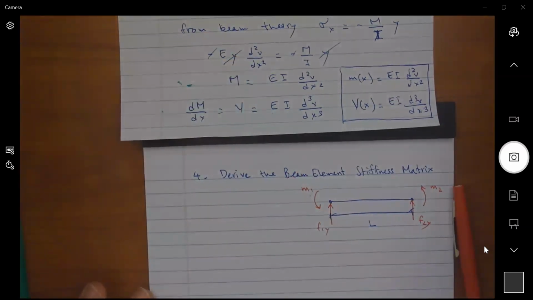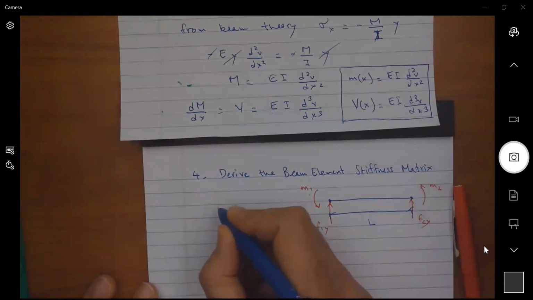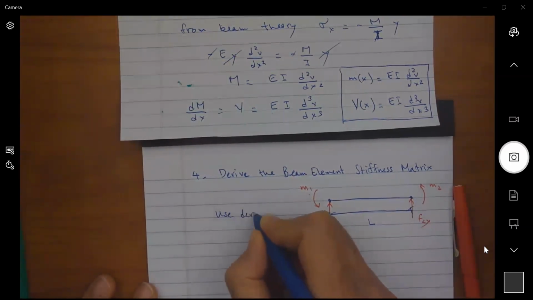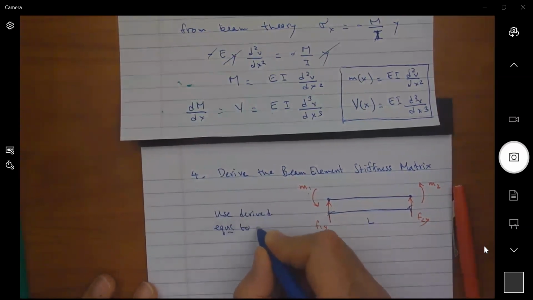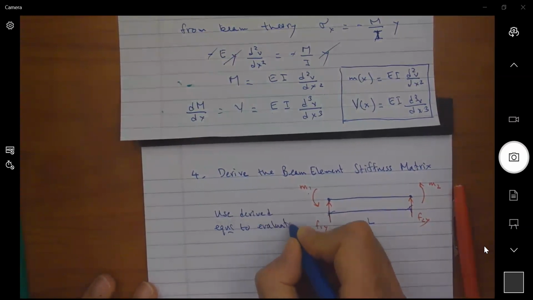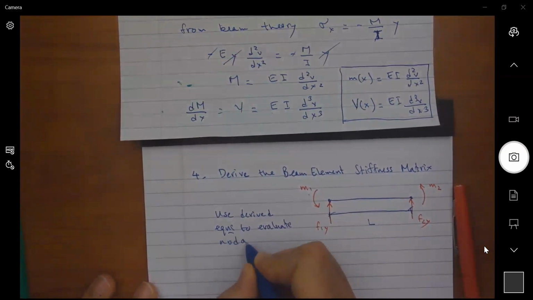Okay, so we're going to use the equations we just derived to evaluate the nodal forces.